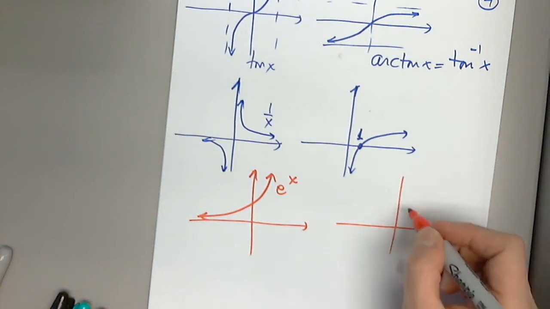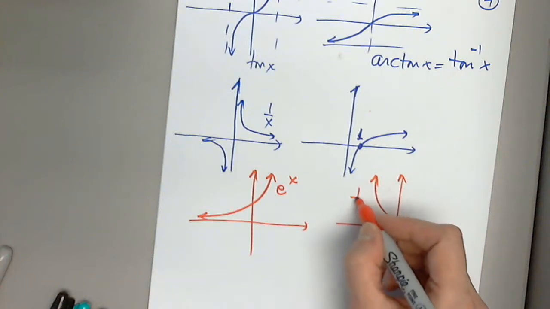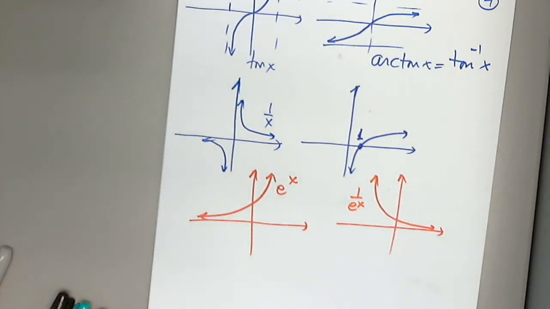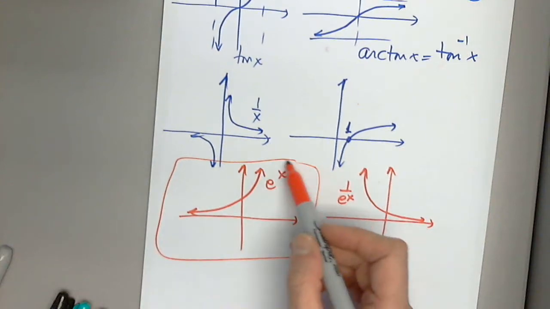Since I mentioned 1 over x, I'm going to graph that too. 1 over e to the x. It's e to the -x. I don't need this one, but I mentioned it so. This is what I'm interested in.